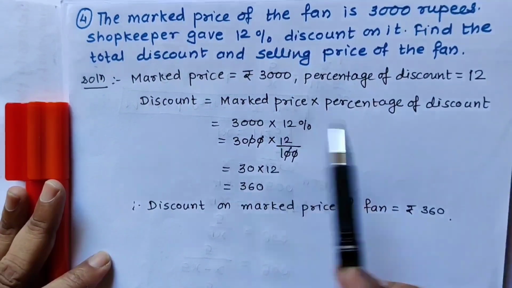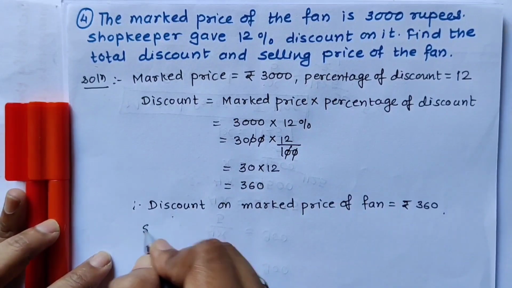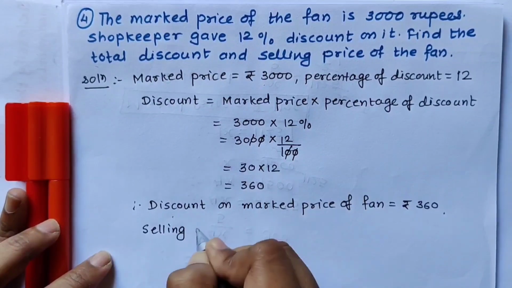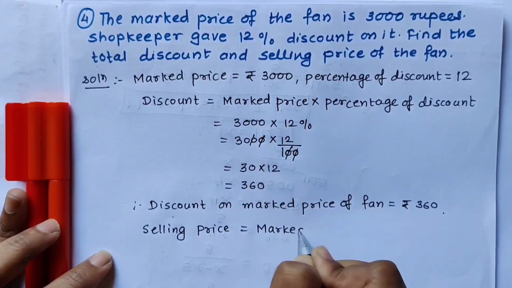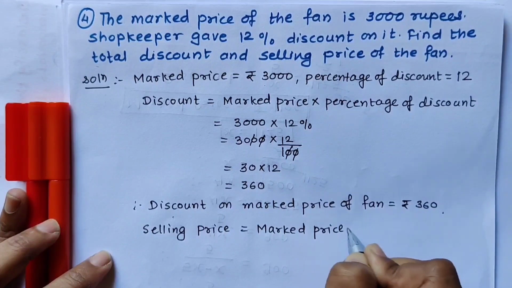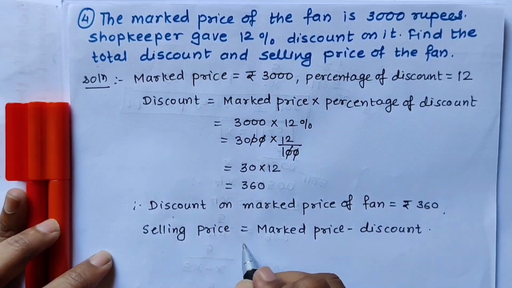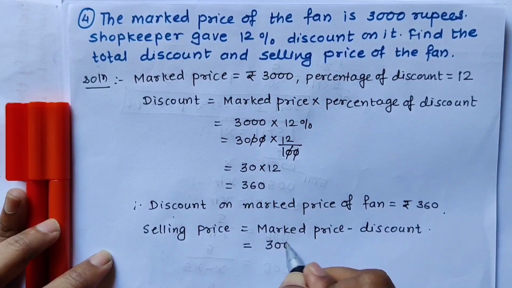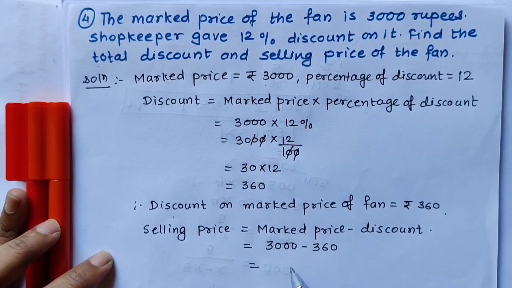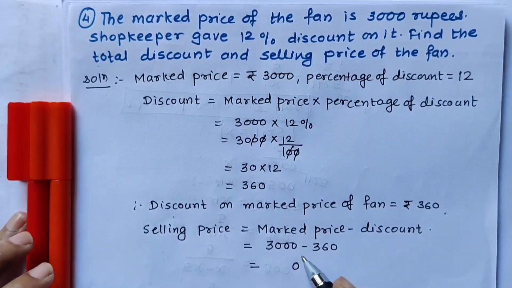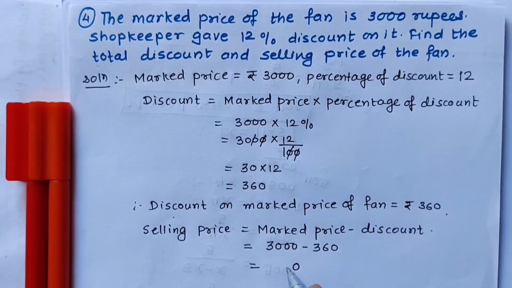Now we have to get the selling price. When discount is known to us, when marked price is known to us, which formula are we going to apply for selling price? For selling price we will be applying the formula marked price minus discount. So marked price is 3000 and minus discount we have got 360. Subtraction: 0 minus 0 is 0, 0 minus 6 cannot be done, so 10 we have to take. 10 minus 6 is 4.